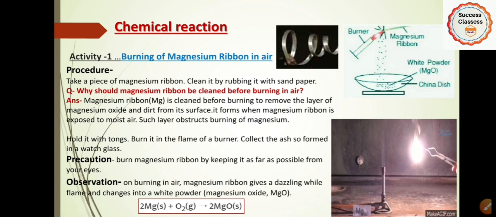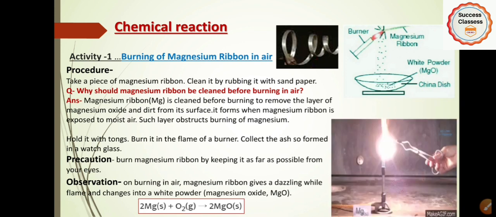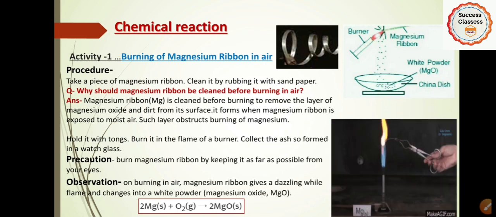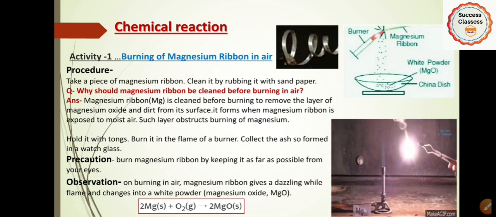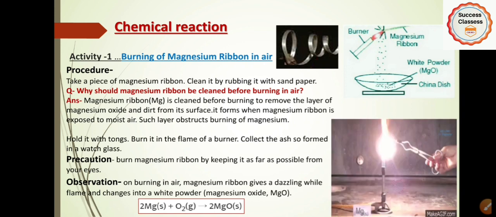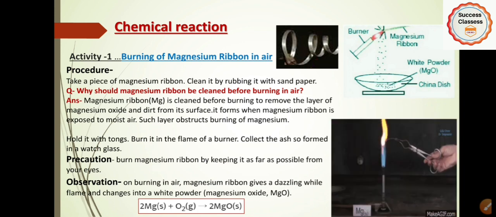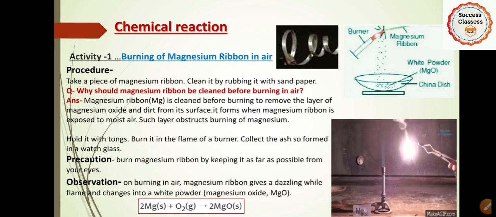So what we observe in this experiment is that on burning in air, magnesium ribbon gives a dazzling white flame and changes into a white powder of magnesium oxide. So the reaction here is 2Mg (solid) plus O2 (gaseous) gives 2MgO (solid). In this video you can see the magnesium burns with a dazzling white flame.